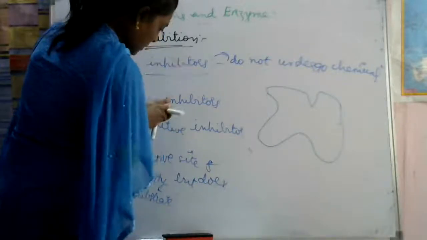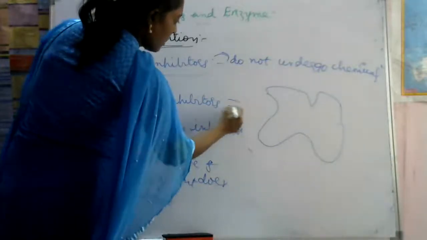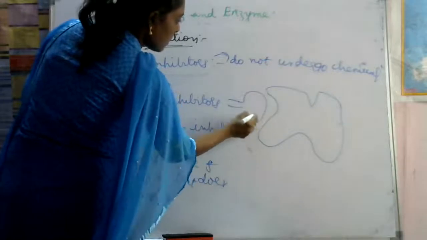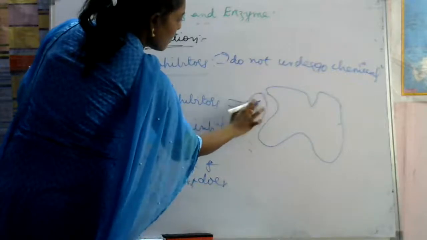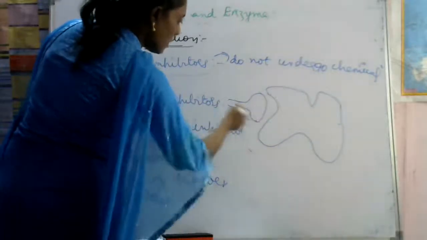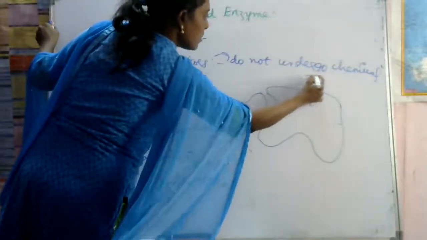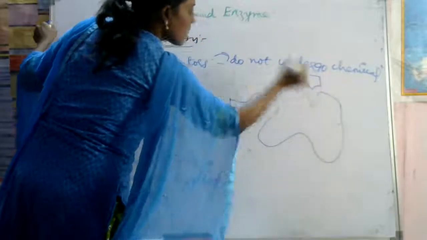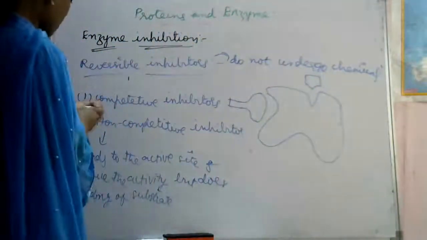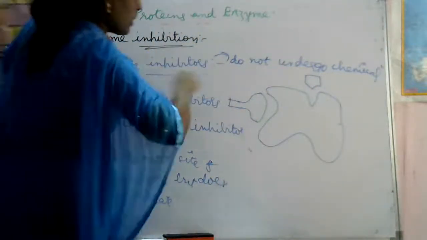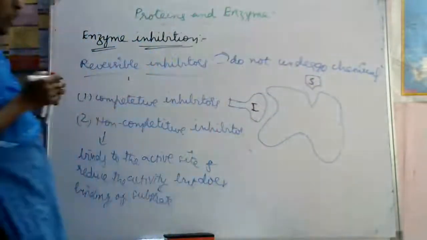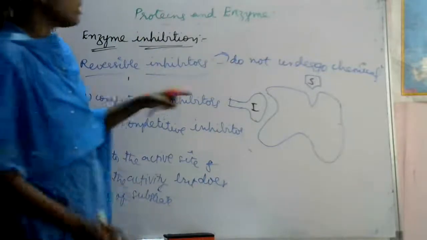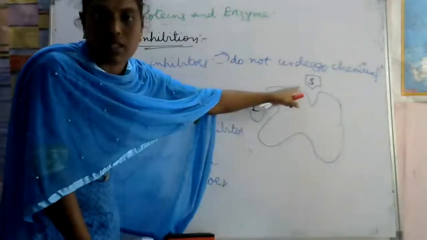This is the inhibitor and this is the substrate. This is about the non-competitive inhibitor. Here, both inhibitor and substrate will be there.